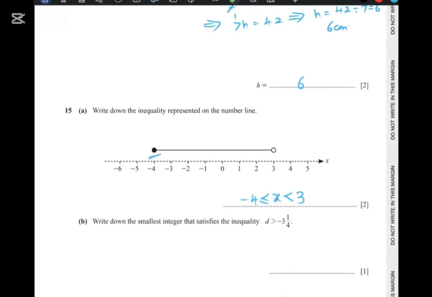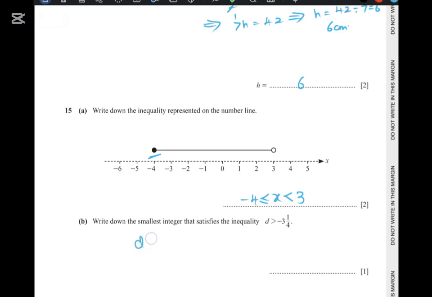Question number B. Write down the smallest integer that satisfies the inequality d greater than -3 1 by 4. We need to write the smallest integer which is satisfying this inequality.